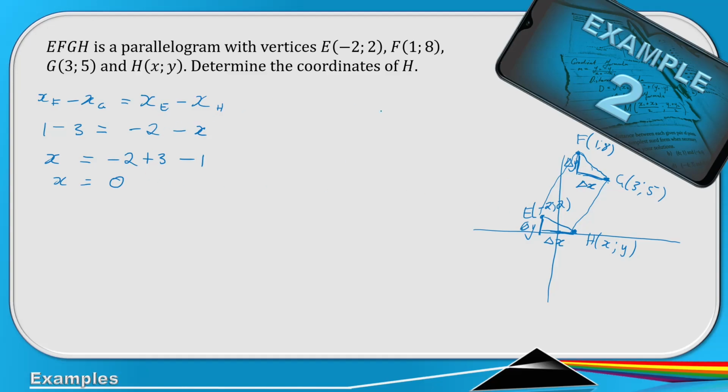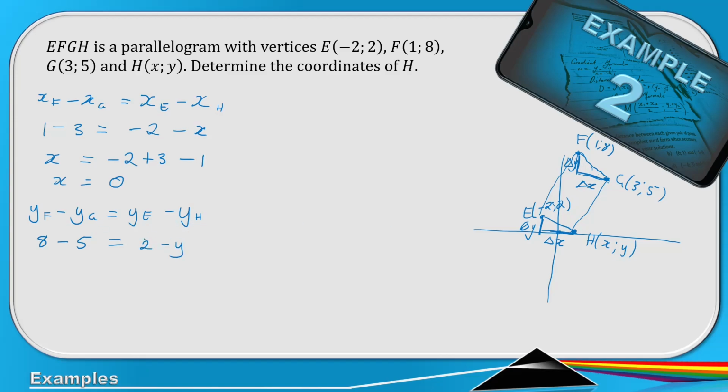Now let's do the same for the y value. So let's say the y coordinate of F minus the y coordinate of G is equal to the y coordinate of E minus the y coordinate of H. So we take the y values. We've got 8 minus 5 is equal to 2 minus y.